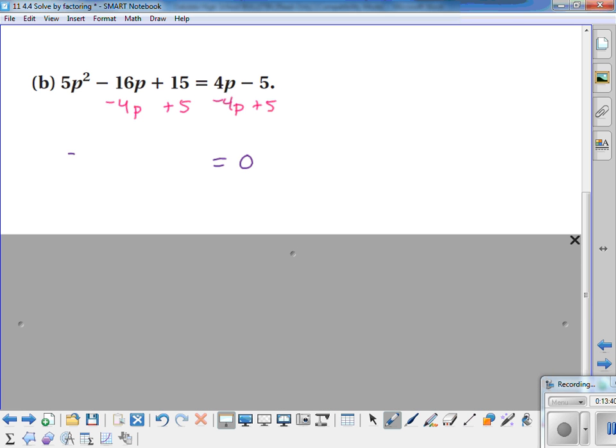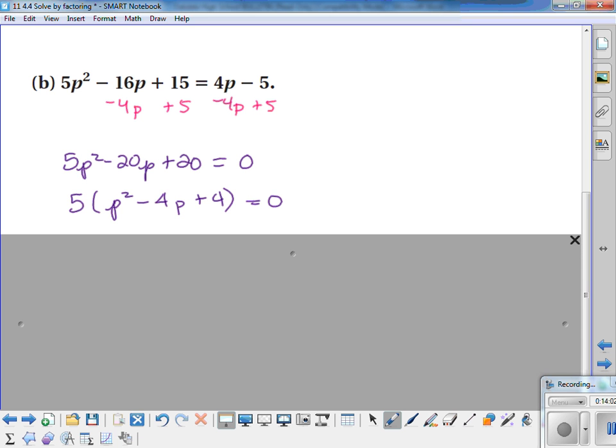So now I have 5p squared minus 20p plus 20. Okay, so I can factor out a 5, and then I have p squared minus 4p plus 4, right?